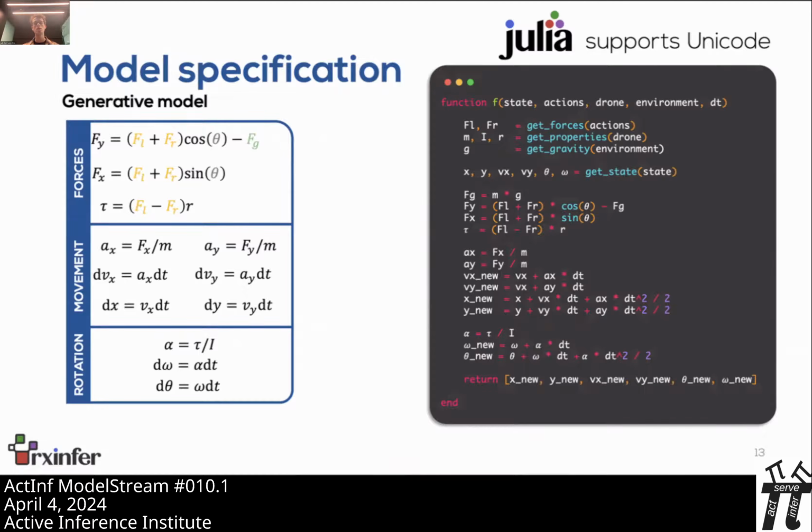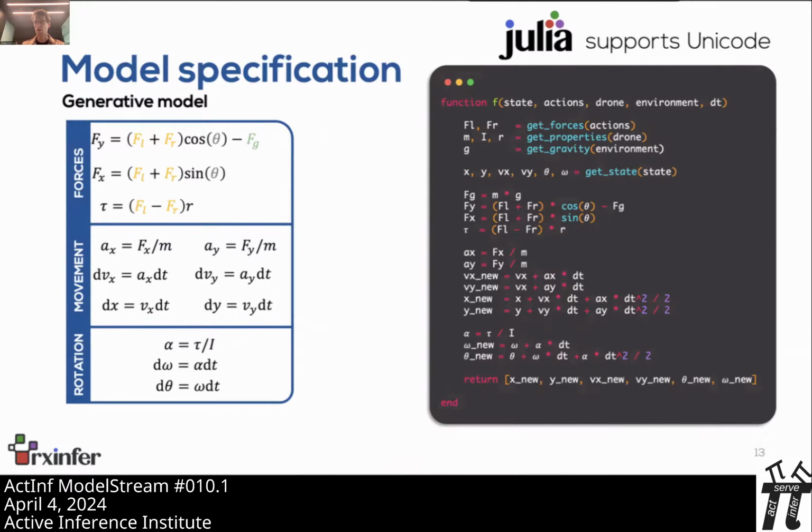Then based on the velocities and accelerations, we can also do a similar trick for the new positions. So how does our x and y coordinate change based on their previous coordinates, the velocities that we had at the previous moment, and the accelerations that we computed? Here we have this quadratic term over the accelerations, which is merely a matter of the approximation, because over dt we also want to integrate over the accelerations.